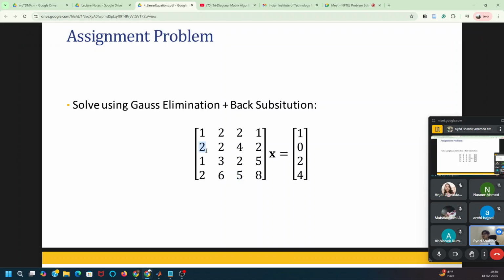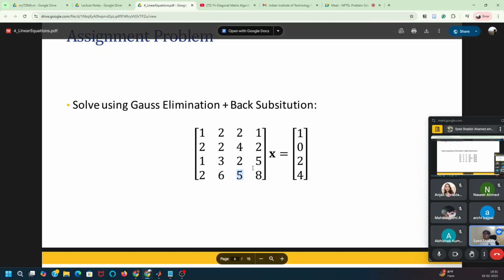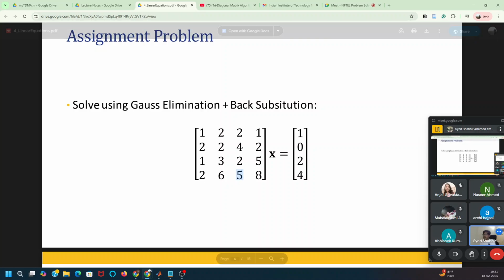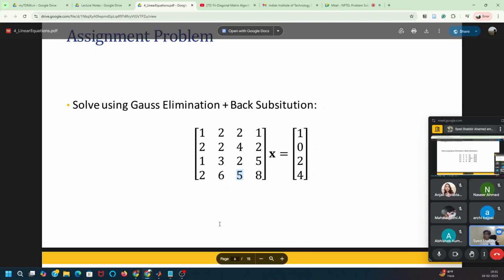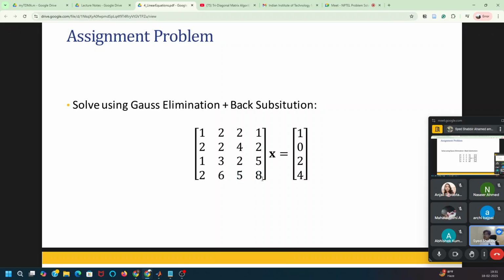And after that, what we get is that all these elements 2, 1, 2, 3, 6, 5, these elements below the diagonal, will become zero. And then after that, we do the back substitution. First, we will get the x4 value: 8x4 equals 4, so x4 is 4 by 8, you will get 0.5.